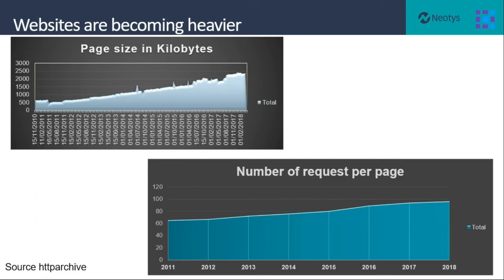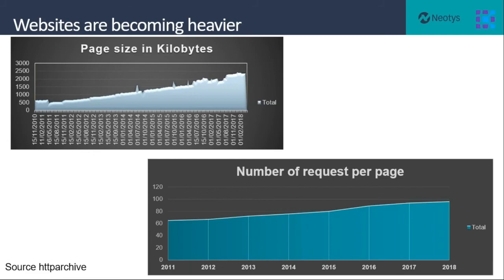Here, I extracted statistics available on HTTP Archive, and I wanted to highlight the fact that today, because of the importance of the UI and the user experience, our websites are becoming heavier than before. Today, one page is around 2.5 megs, and we're going to reach 3 megs soon, potentially.